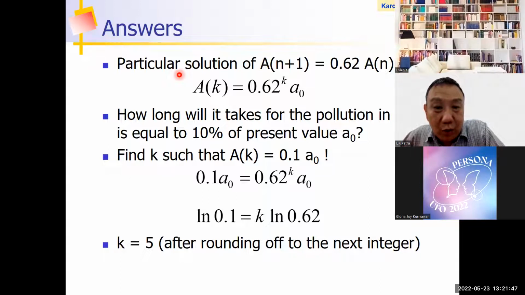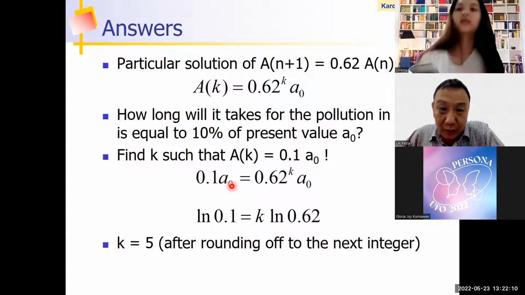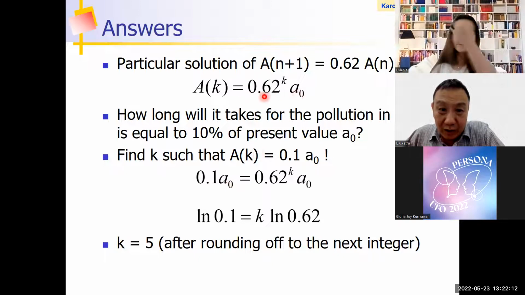So now if you want to ask how long it will take for the pollution in river A to equal 10% of the present value, that means AK is equal to 10% of A0. So you put it here, AK is 0.1 of A0. And then you know this equation. If you have an exponent like this, what you will do is take the log, right?